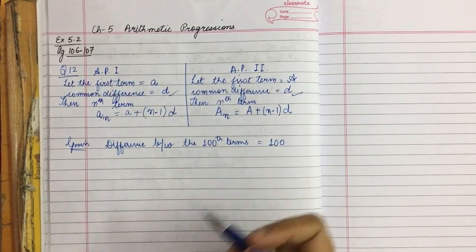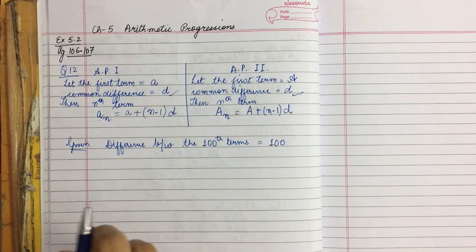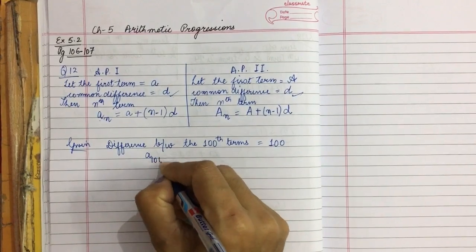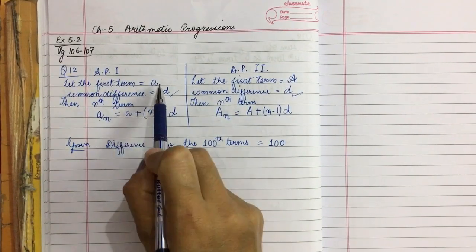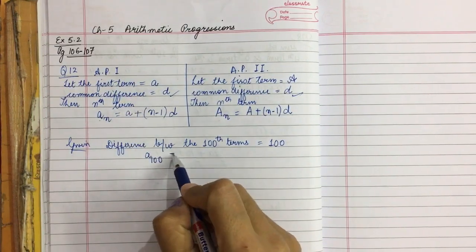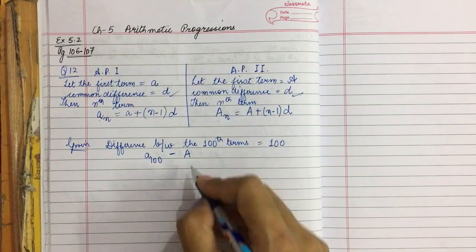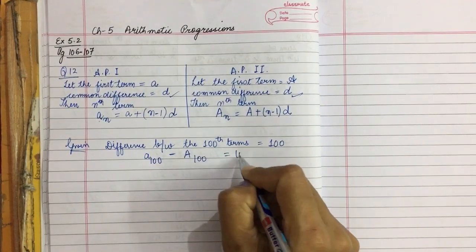You can write the difference in any order because we don't know which arithmetic progression is bigger or smaller. So I'm writing the term from the first progression minus the term from the second progression. The 100th term from the first, written with small a, minus the 100th term from the second, written with capital A, and the difference is 100.